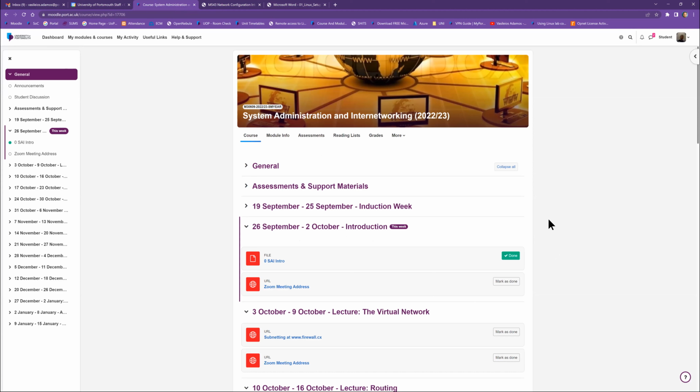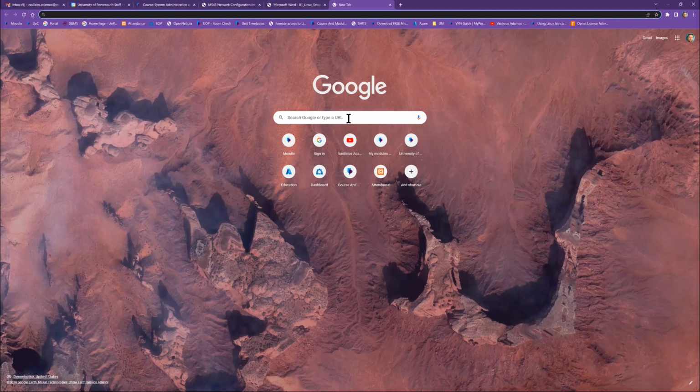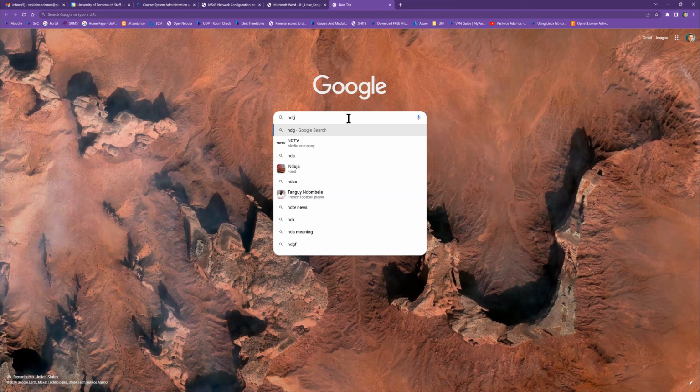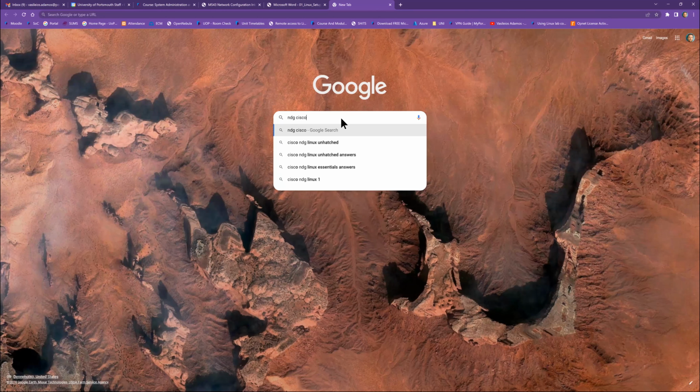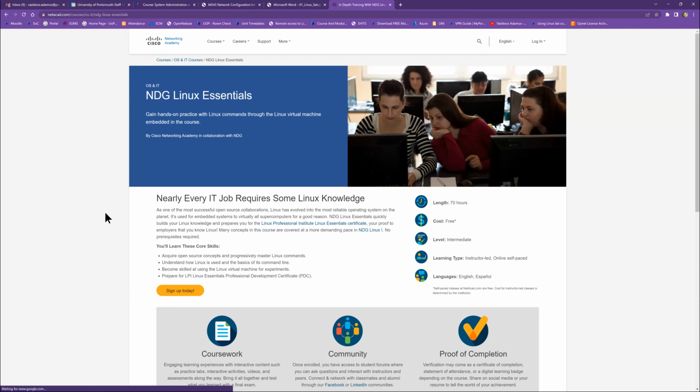Yes, there are lots of Linux guides. There is also something else. If you really want to get into it, you can look for NDG. There's something called NDG Linux Essentials. So our lovely overlords, Cisco, have partnered up with the Linux Professional Institute. They have a certification that they give out, which is the LPI certification. And that basically means that, yeah, you know Linux. All right. So they offer the course material for it through their website.